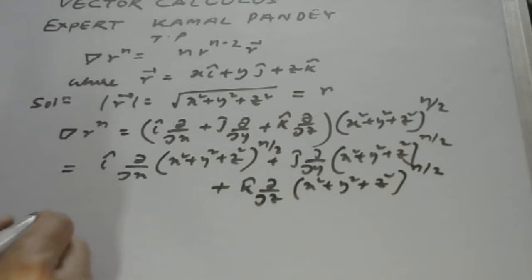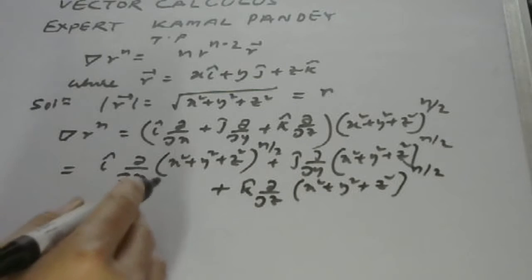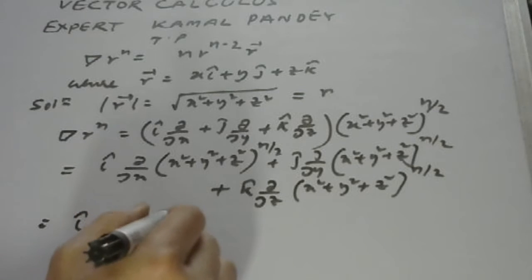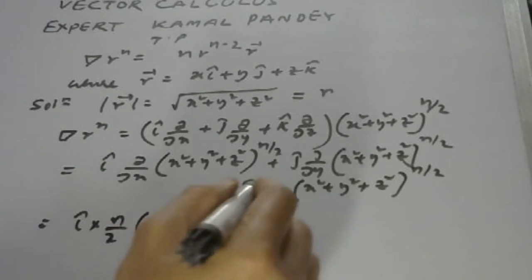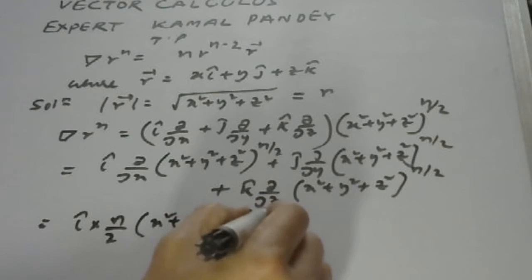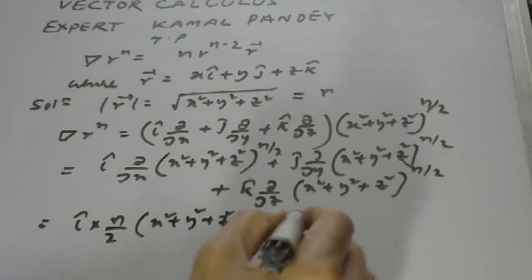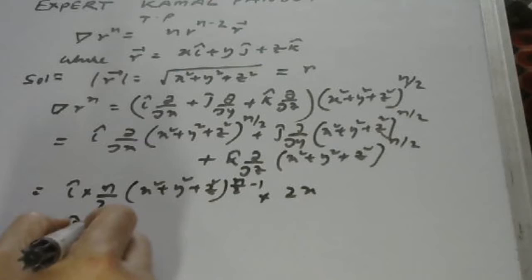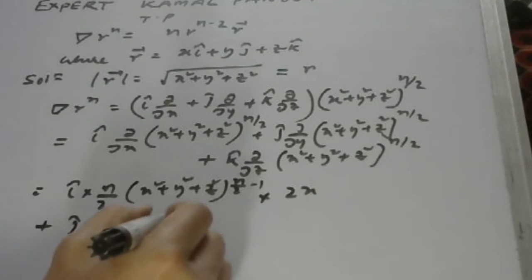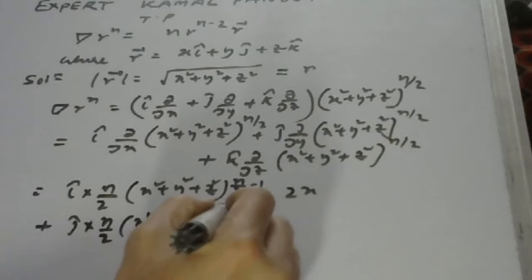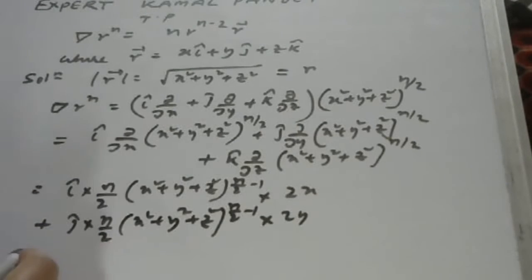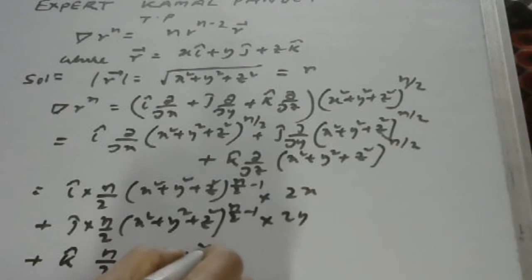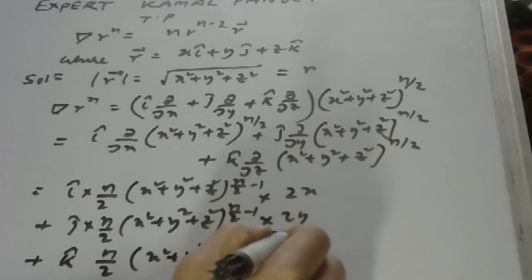Now we differentiate partially with respect to x first: n by 2 into x square plus y square plus z square to the power n by 2 minus 1 into 2x, plus j cap n by 2 x square plus y square plus z square to the power n by 2 minus 1 into 2y, plus k cap n by 2 x square plus y square plus z square to the power n by 2 minus 1 into 2z.